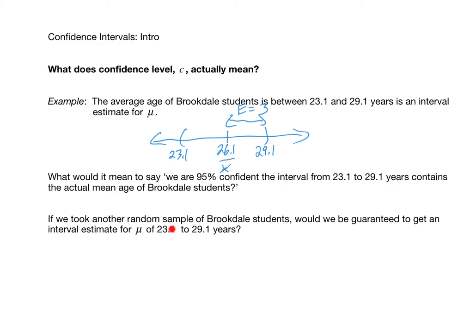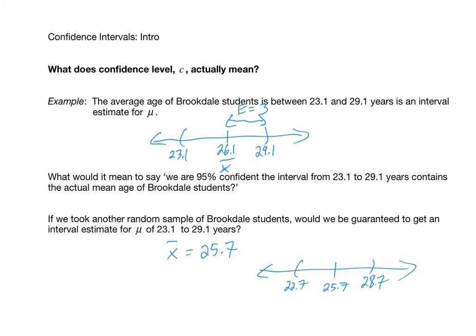If you took another random sample, would you be guaranteed to get 26.1 as your sample mean? You certainly would not. So if you got something else, for example, maybe you got 25.7, and then if we created an interval from there by adding 3 and subtracting 3 from 25.7, we'd get 22.7 to 28.7.